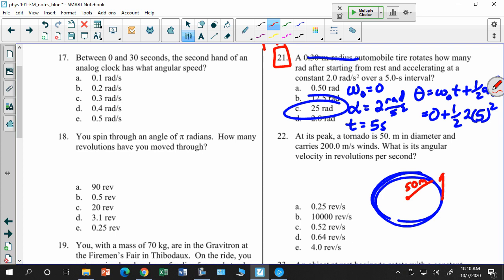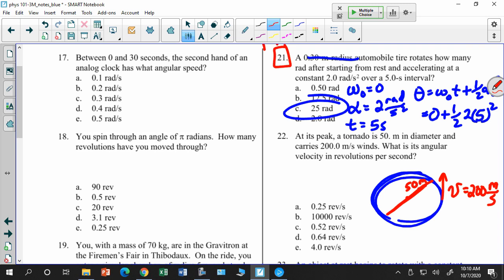At one point, the speed of the wind is 200 meters per second. And it wants to know what is its angular velocity in revolutions per second. So this is one of those cases where the units matter, that we need to be in radians per second as we go through the calculation, and then we'll have to change it to revolutions at the end.